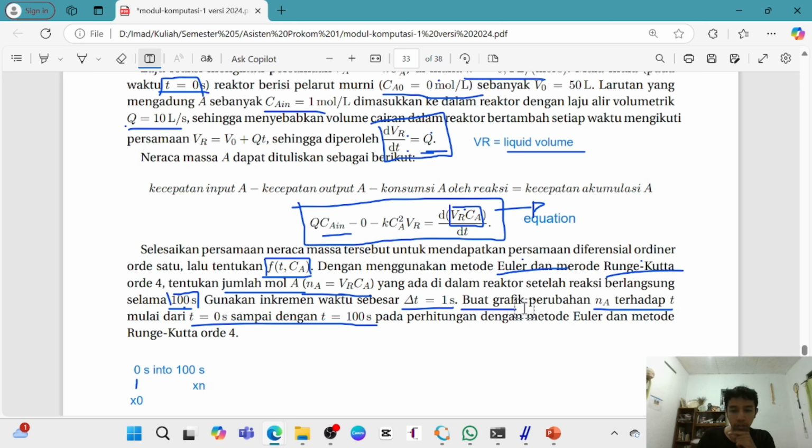Then yes, we have to make the plot for Na and t. The plot is like this.